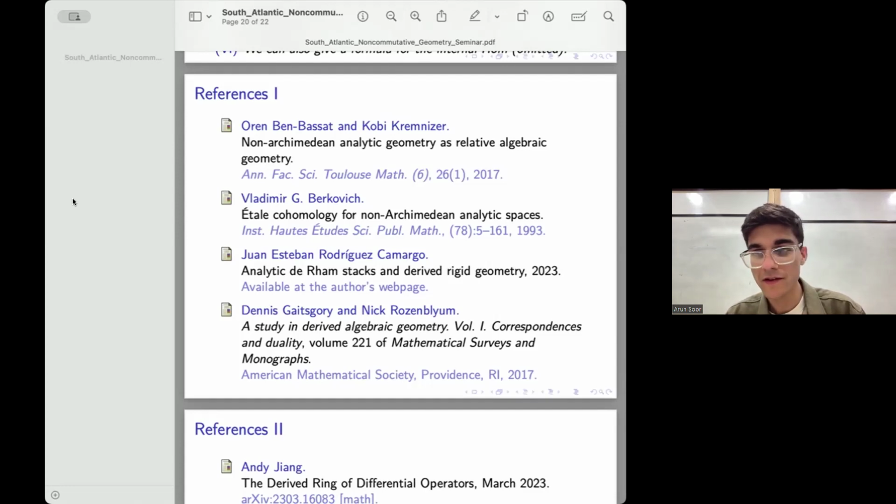I mean, some very elementary thing. When you do de Rham cohomology in the algebraic geometry setting, in the smooth case, you can view the de Rham cohomology as some Ext or Tor over the ring of differential operators.